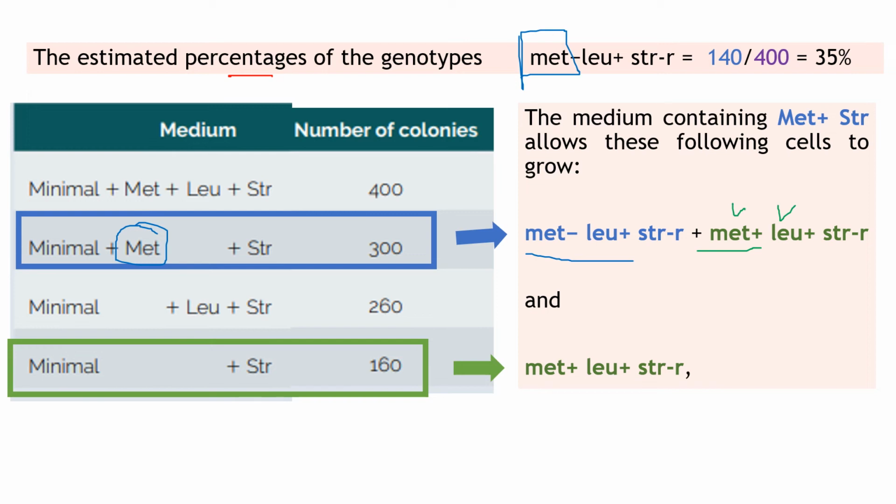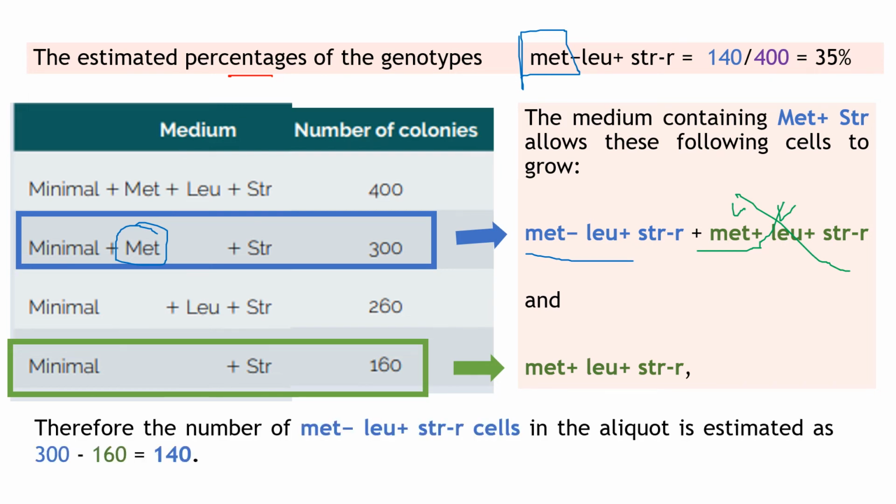So to find the correct percentage, we need to remove these ones, to find the percentage only of the blue ones. How do we do that? By just subtracting 300 minus 160. When you do that, you get 140. So this is where this 140 comes from.